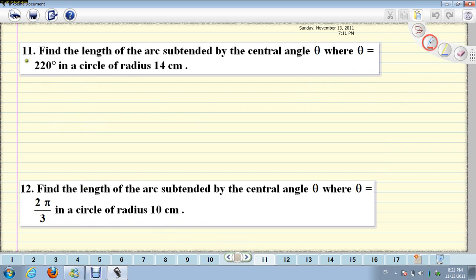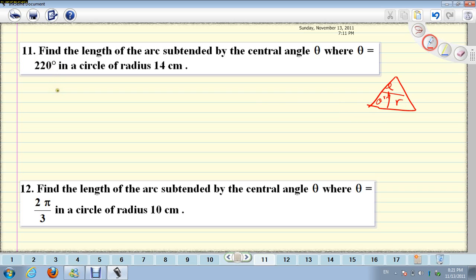Okay, same page. Find the length of the arc obtained by central angle theta, where theta equals 220 degrees in a circle of radius 14. Okay, in the triangle rule, you must remember that L equals theta rad times R. So I have to get theta rad, and I have 220.